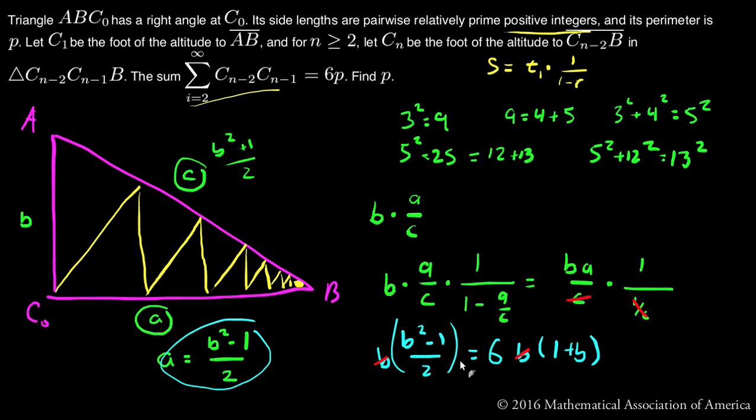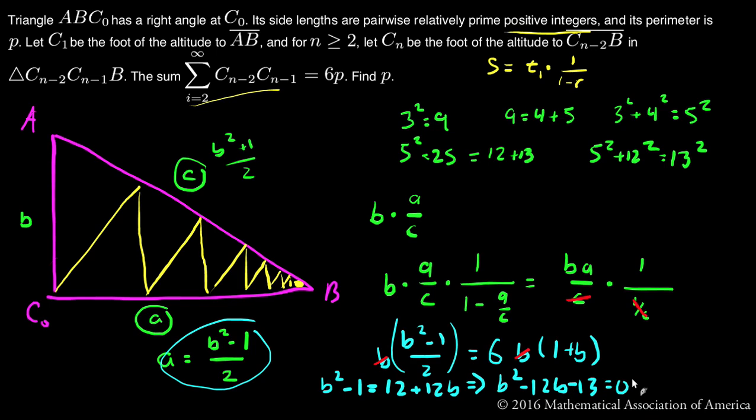I can multiply through by 2. I'm running short of room, but I will get b squared minus 1 equals 12 plus 12b, which gives me b squared minus 12b minus 13 equals 0. Factor that.